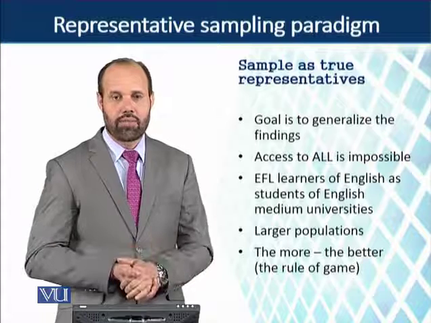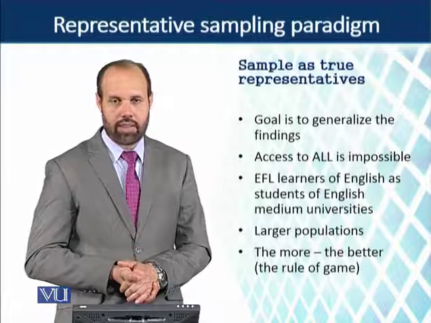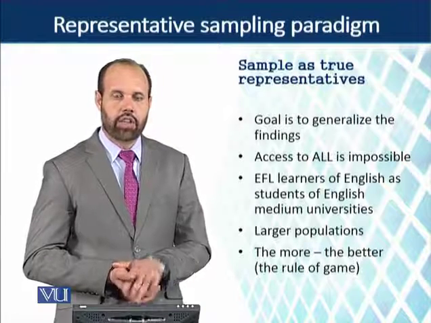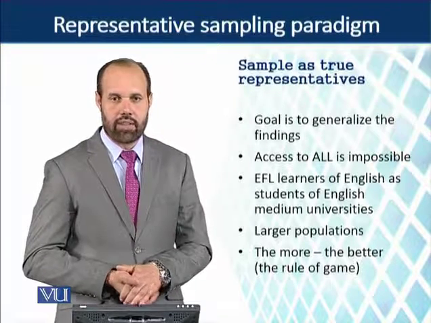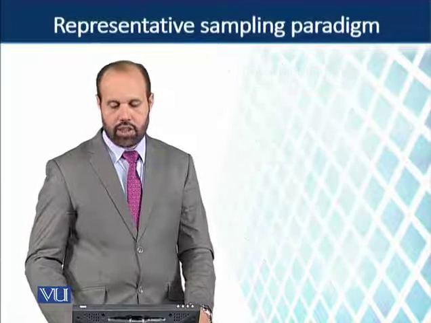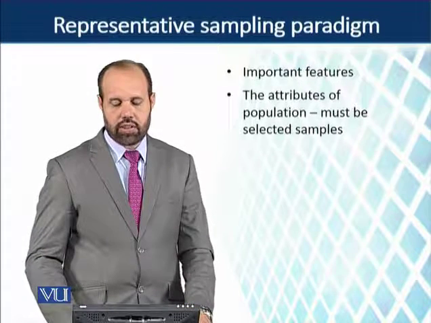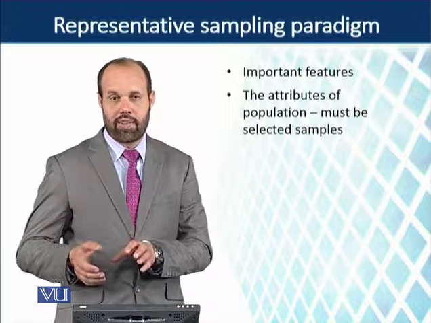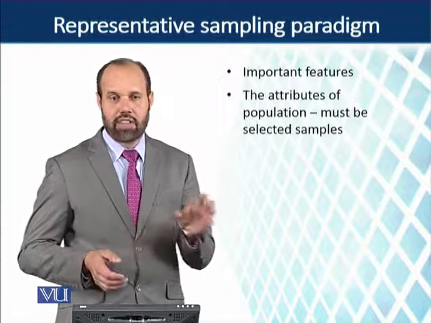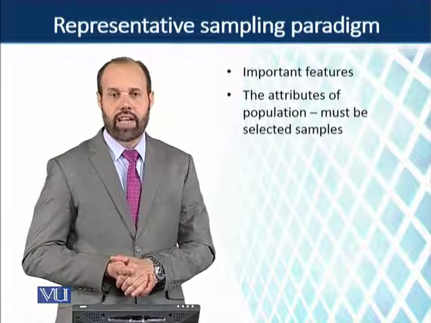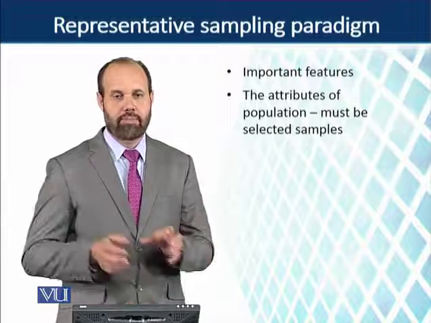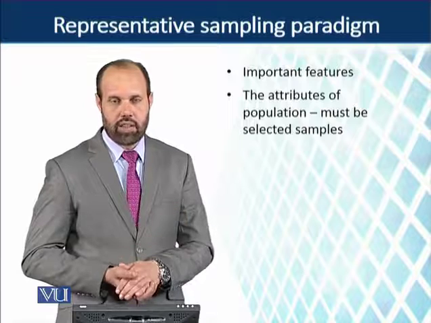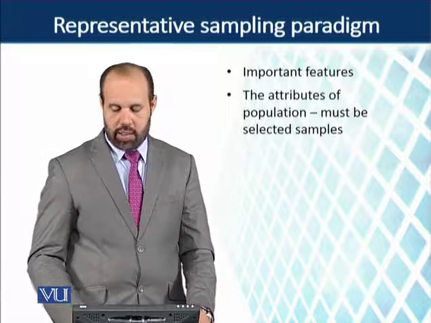We have a very large sample because we are focused on conducting a study where the true representation is given by the sample. That's the ultimate goal. And the important features of the population must be within the sample. Every important attribute, every important characteristic of the population must be there in the sample. That's an important point for the representative sampling paradigm.